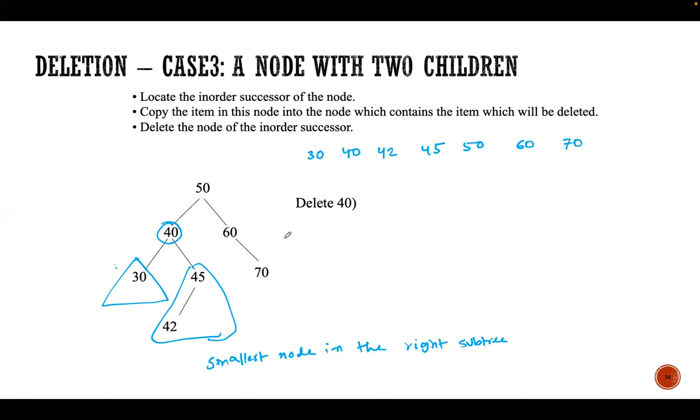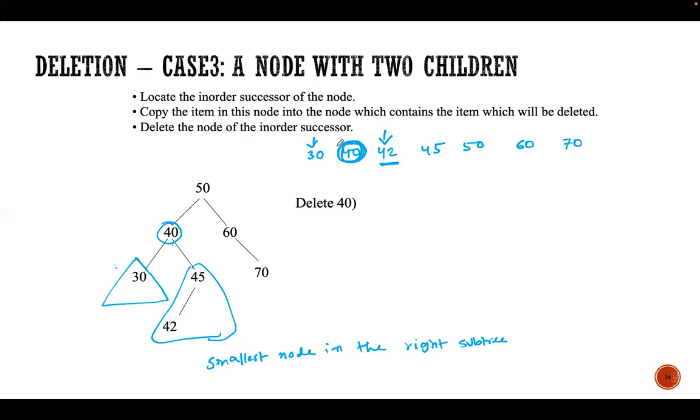Now you can see that the node we are trying to delete is 40, and the next larger node after 40 is 42. And that is what we can find by taking the smallest node in the right subtree.